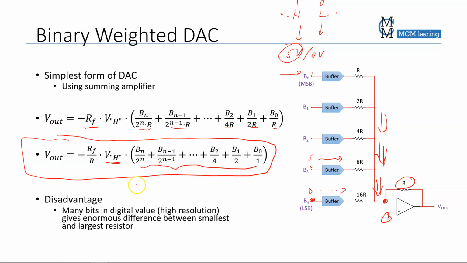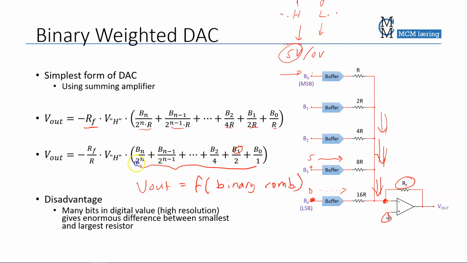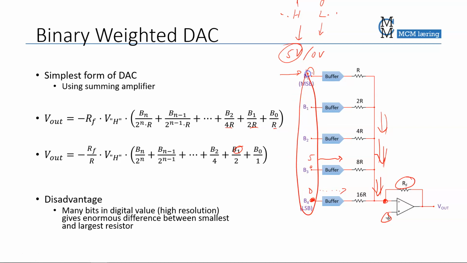So the V out is a function of the binary combination, the binary numbers here. So that is a very simple form of conversion, and as you see, it doesn't use a clock. Once you get a digital combination here, you will get an analog voltage out of the amplifier.